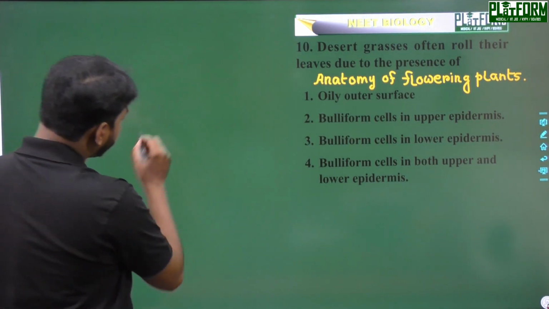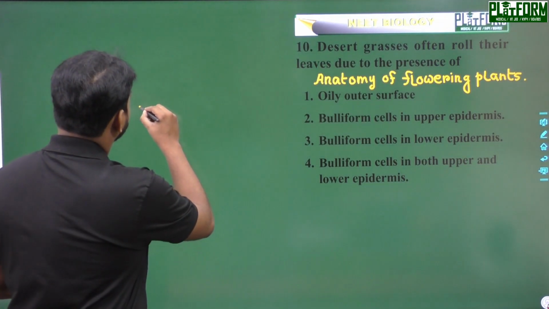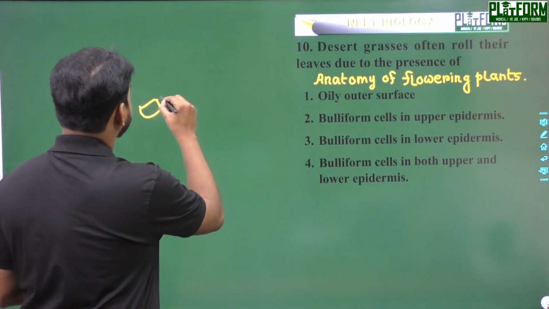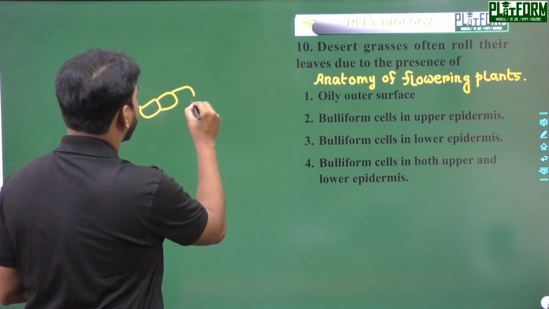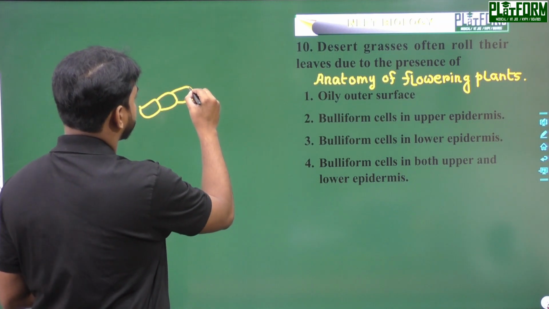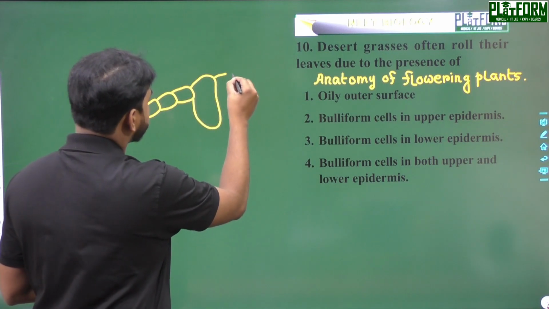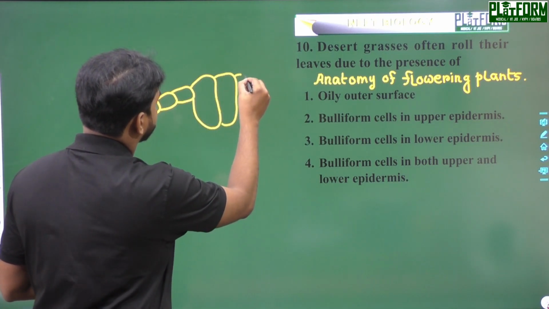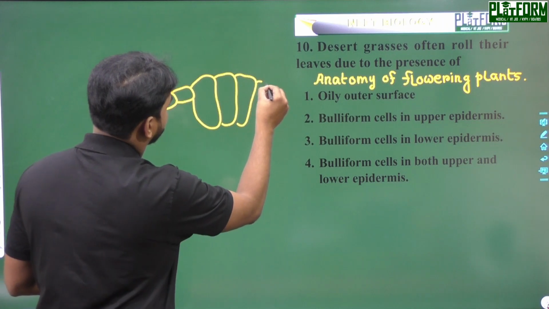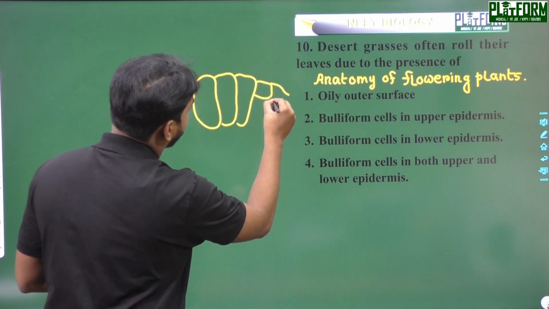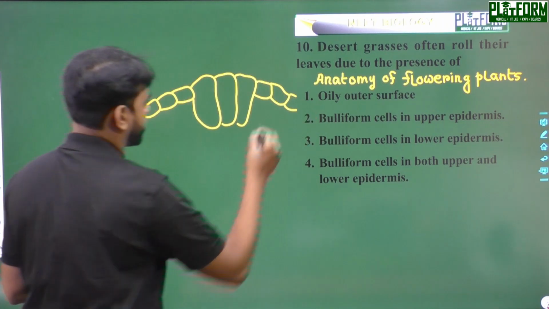Now if we observe a cross-sectional view of a grass member, we will see some large-sized cells which are present towards the upper epidermis.